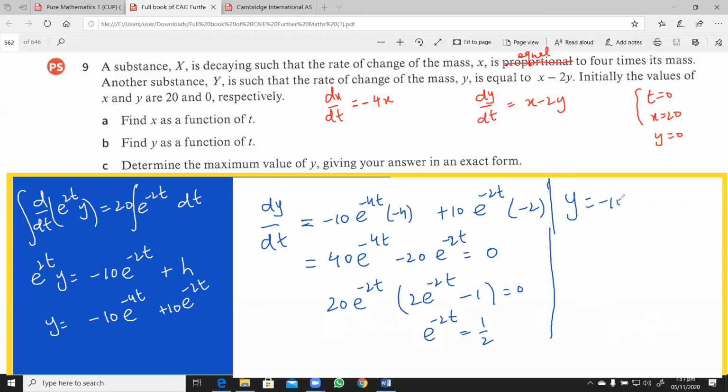So it's minus 10 into half squared and then plus 10 into half. This is minus 10 over 4 plus 5. Please check the answer. This is minus 2.5 plus 5, and then this should be 2.5. So that is the maximum.